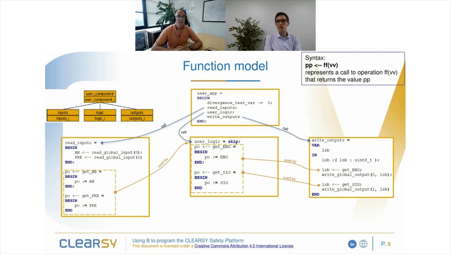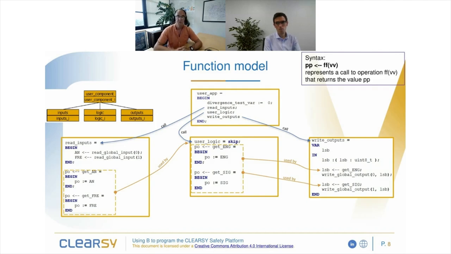The user component is what is being called all the time, user app. So you have read inputs, user logic, write outputs. The read inputs component is generated from your naming. So you get the operations that allow access to the values. The syntax is PP, with an arrow FF of V on the top right.